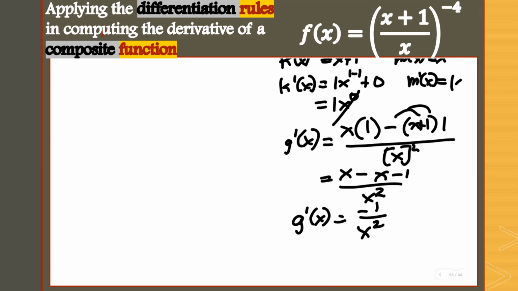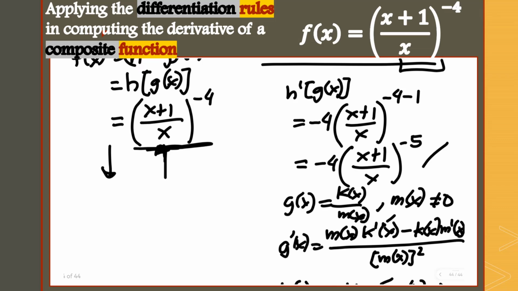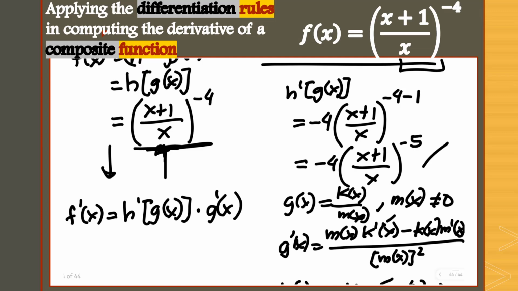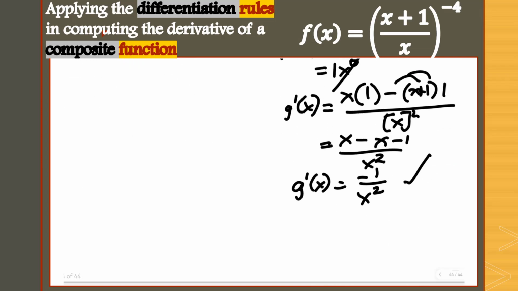This is just a component of our chain rule, g prime of x rather, and this is that. Because, as mentioned, f prime of x is this according to the chain rule, times g prime of x. So writing this: negative 4 times (x plus 1) over x to the power of negative 5 times negative 1 over x squared as your g prime of x.